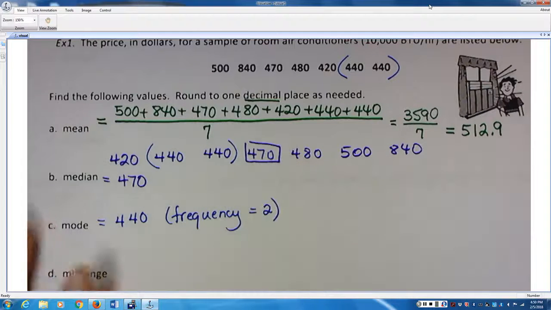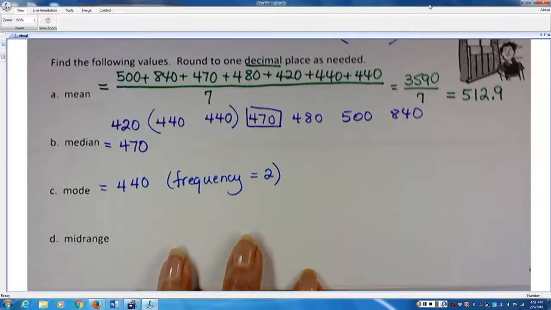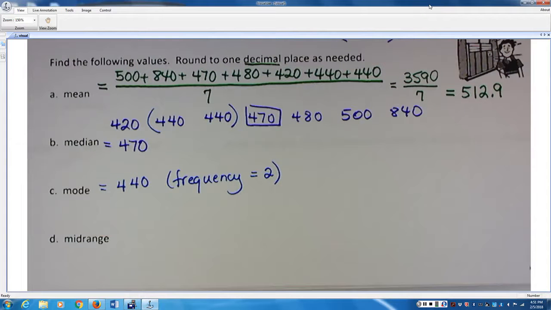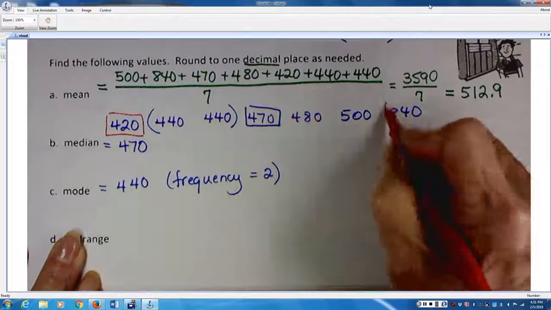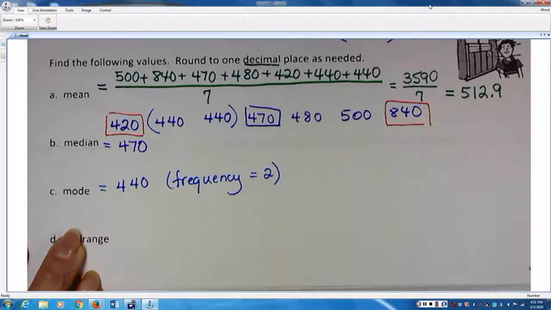It's the mode because there's 2 of them. Everything else shows up once. Then we come to the mid-range. The mid-range compares only the lowest and the highest and tries to see what's dead center between those two.